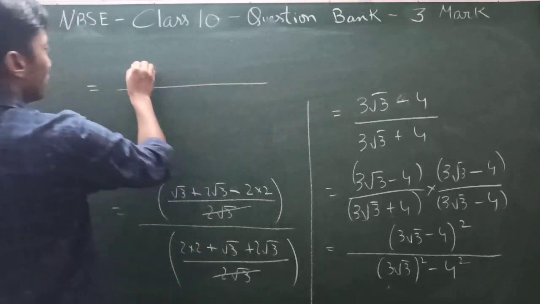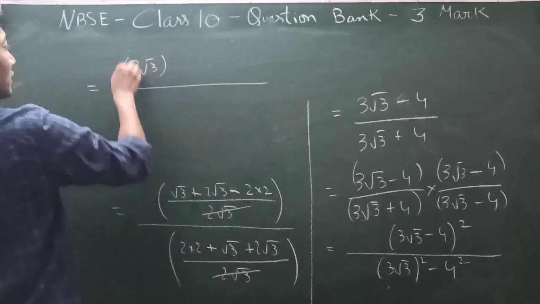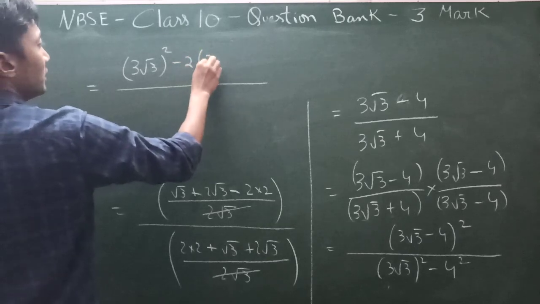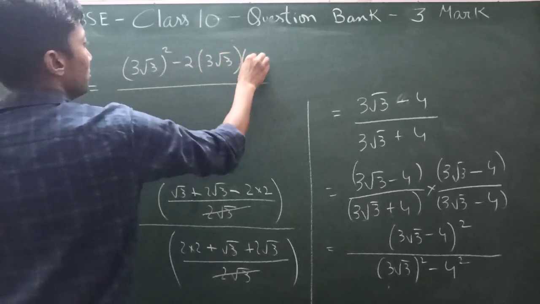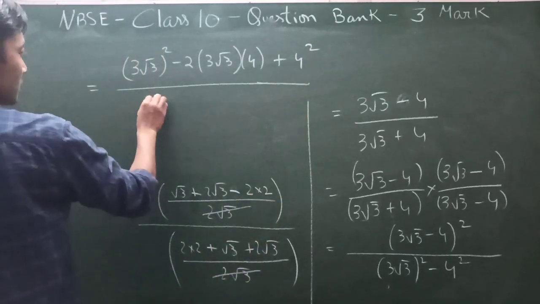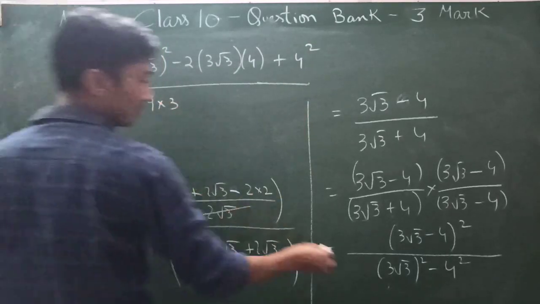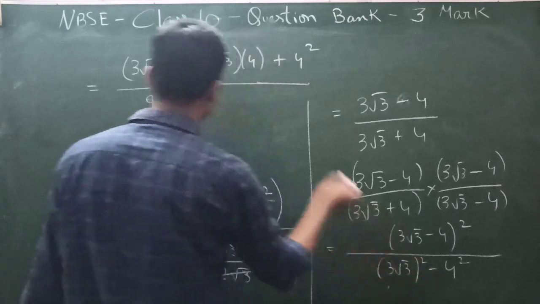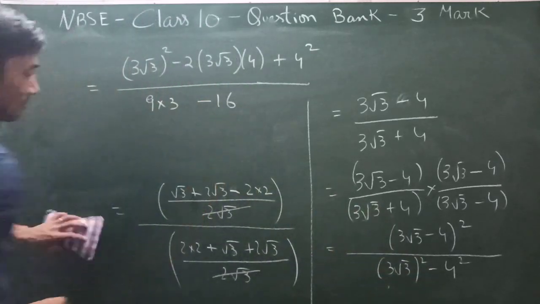For a minus b whole square, the formula is a square minus twice into a into b plus b square. This is 3 3s are 9 into 3: 3 square is 9, root 3 square is 3. Minus 4 square, 16.